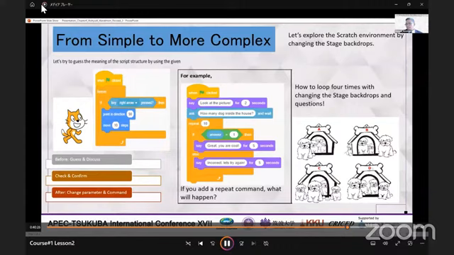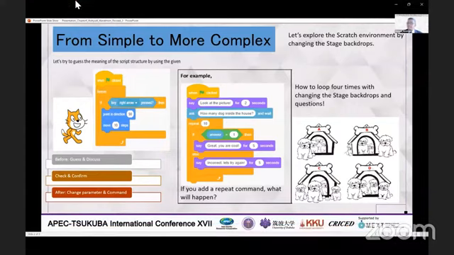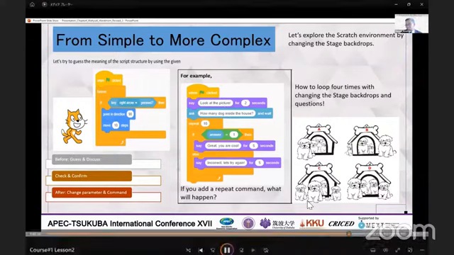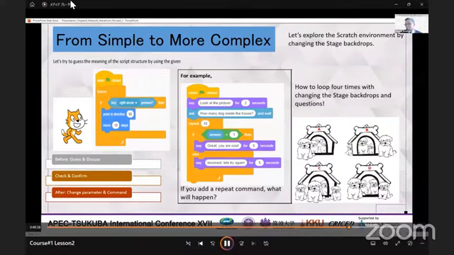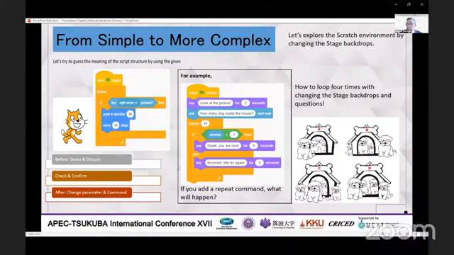So we give our students the opportunity to explore and create what kind of programs they need to stack together to get the timing for the backdrops and so on. We will move to the next slide, a bit more exploration and a bit more complex.